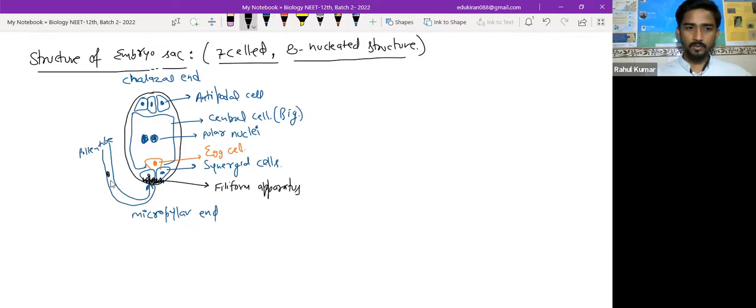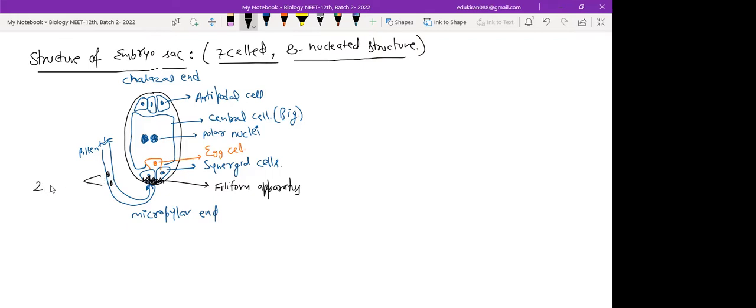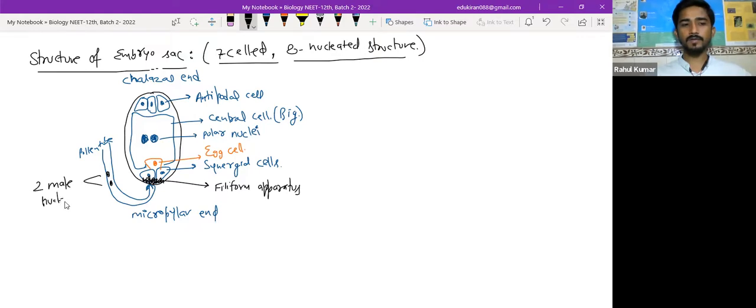So 1 and 2, there are 2 male nuclei, because the generative nucleus divided. These 2 male nuclei fuse with 2 different things, and that event is called double fertilization.